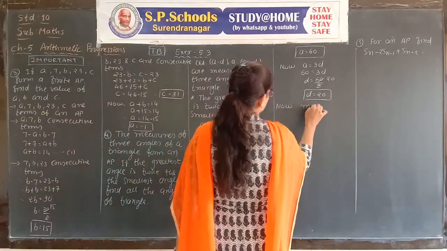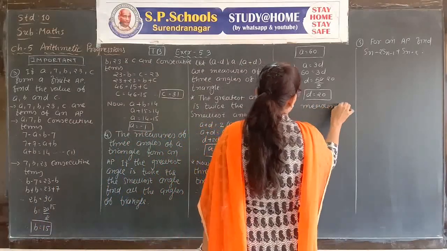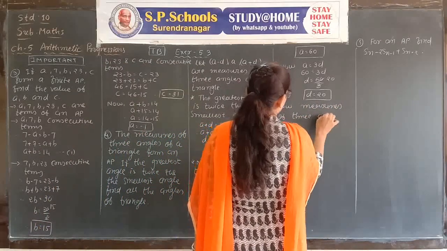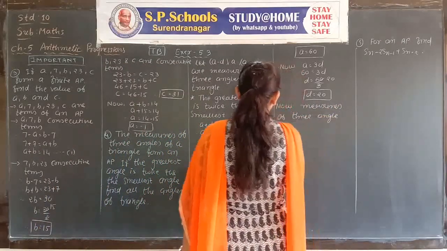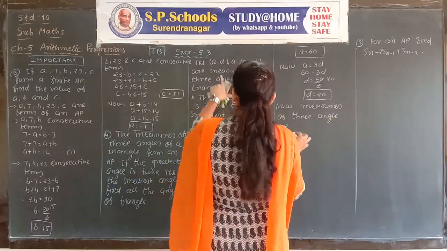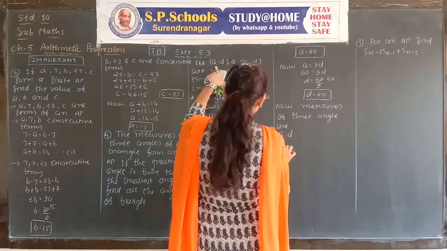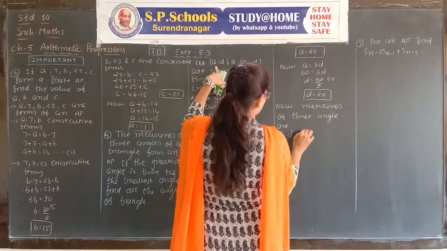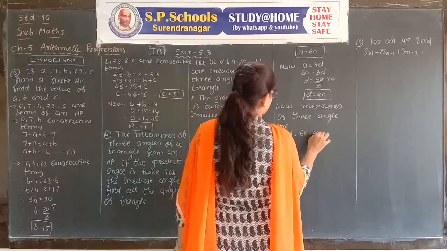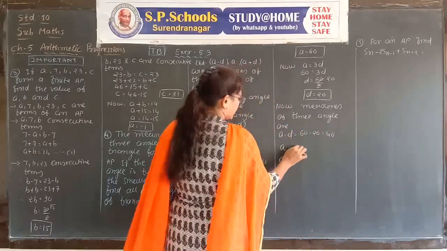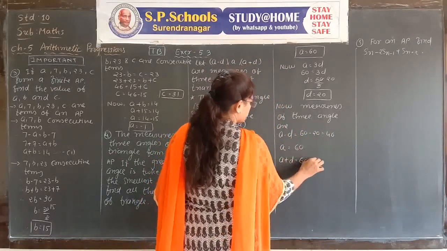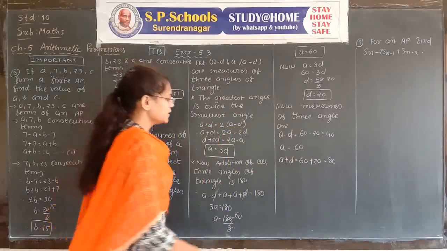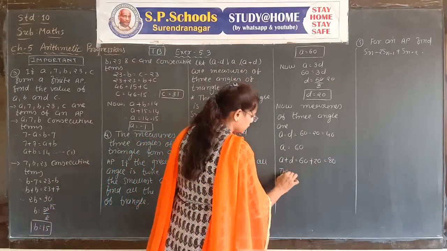They are A minus D, A, and A plus D. A is 60 minus D is 20, which is 40. A itself is 60, and 60 plus 20 is 80.